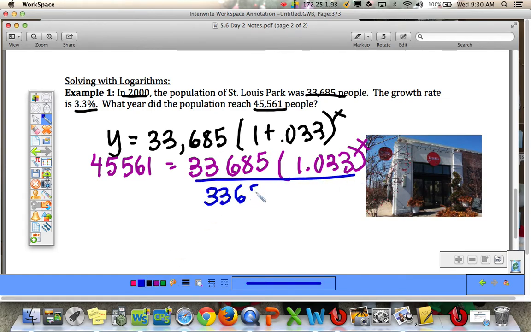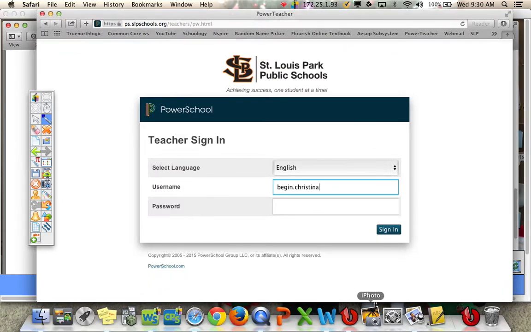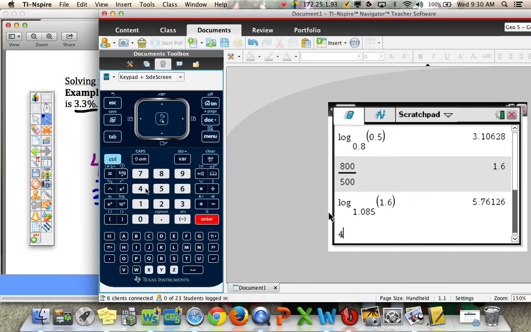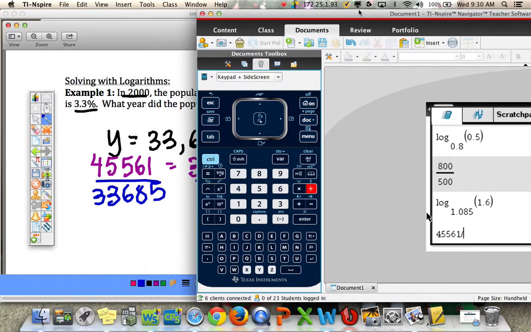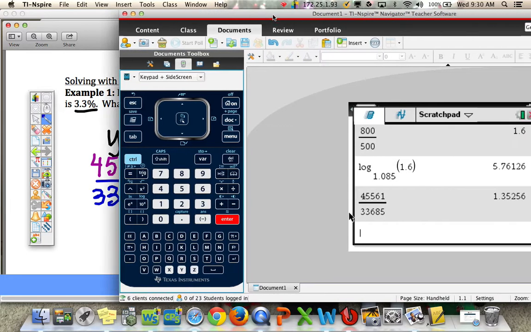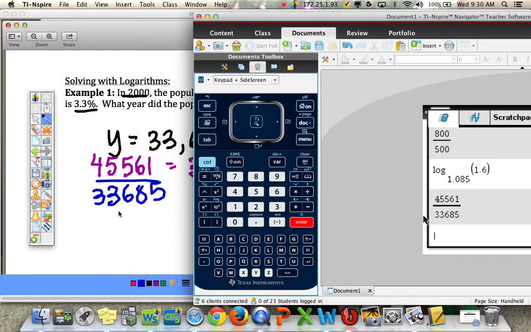Divide each side by 33,685. So we have 45,561 divided by 33,685. Okay, so that answer is about 1.35.